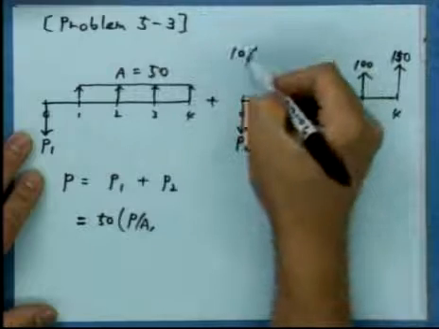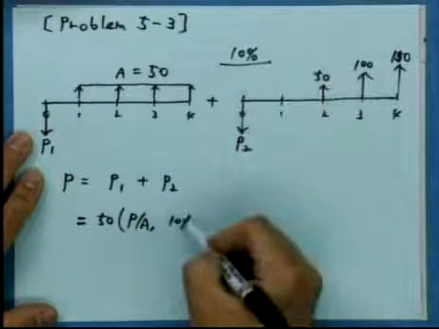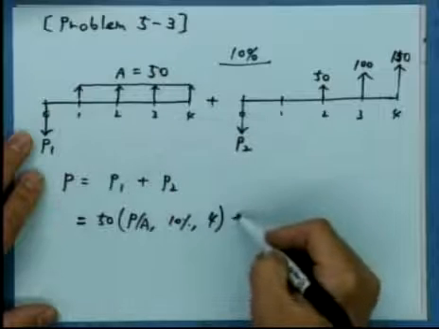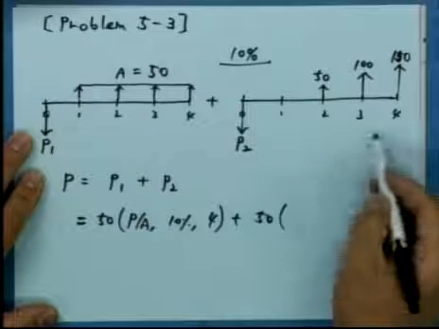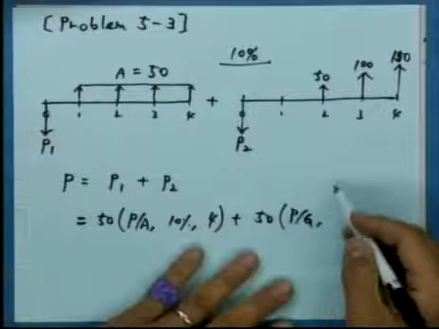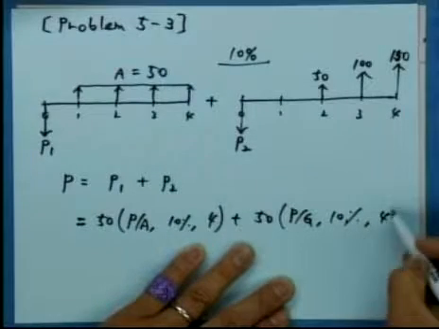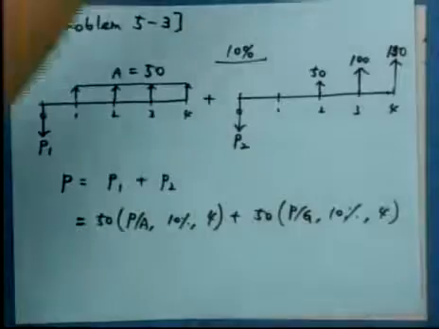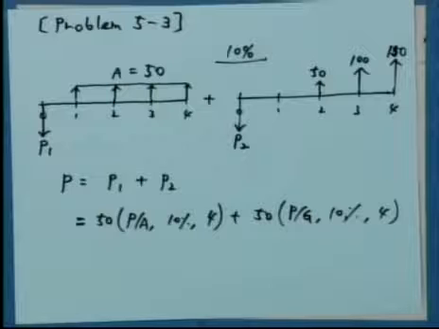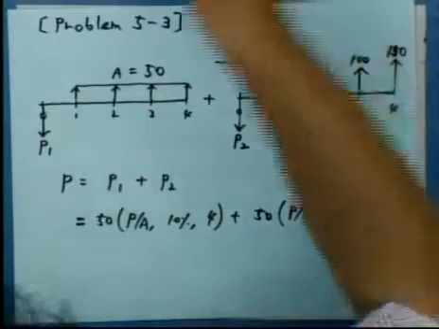It is 10%. 10% over 4 periods, plus 50 times P given G, 10% over 4 periods. So we can get this table value for 10%.